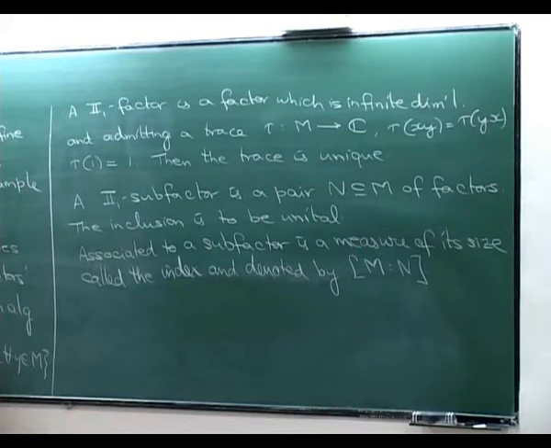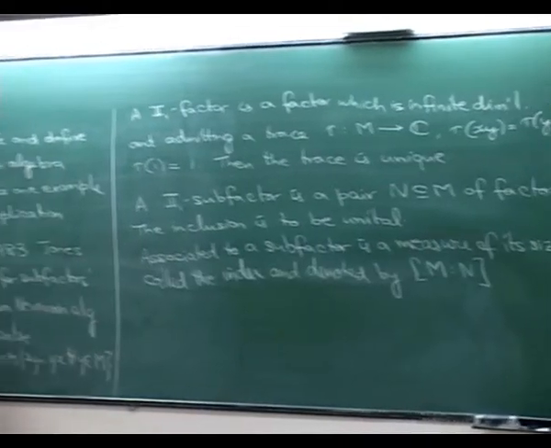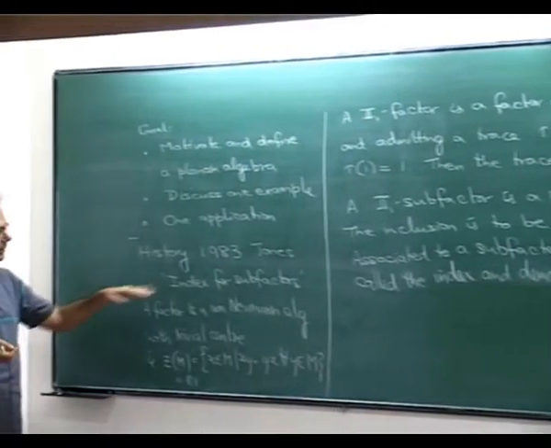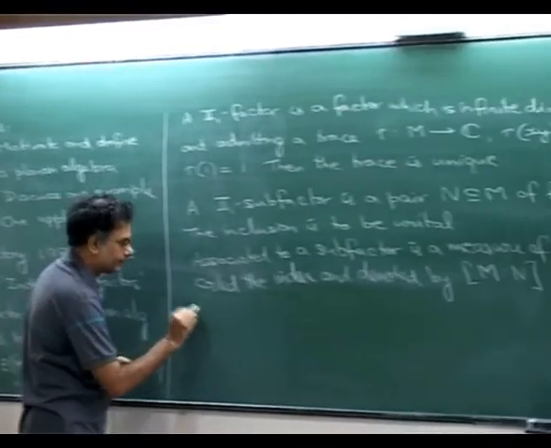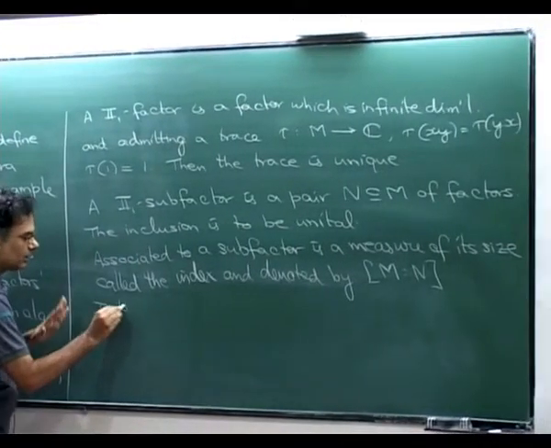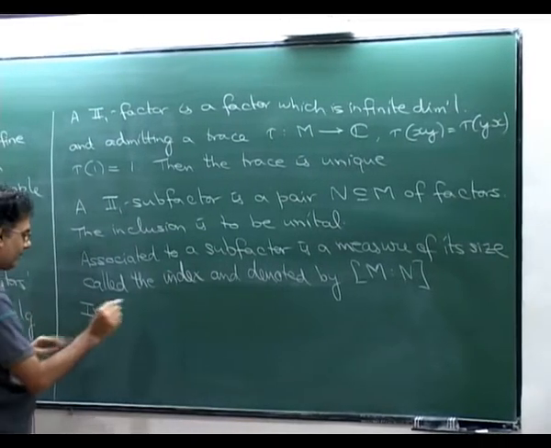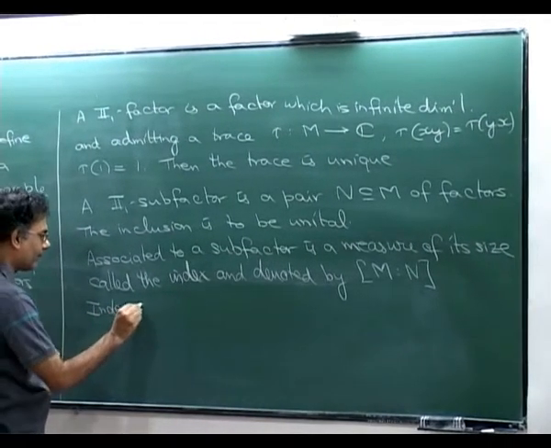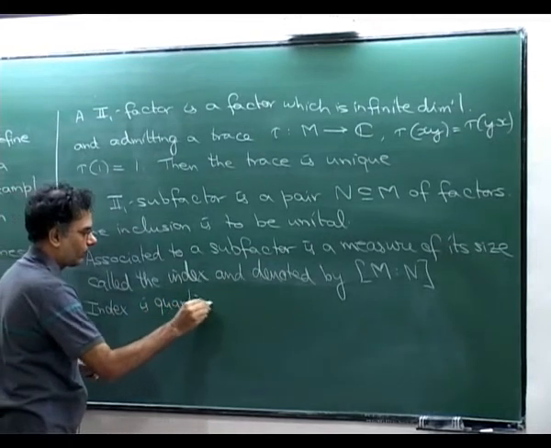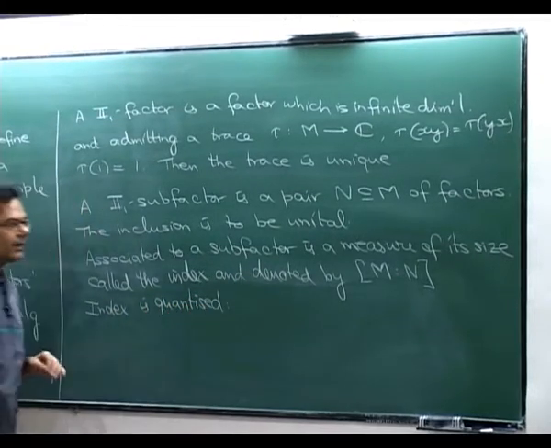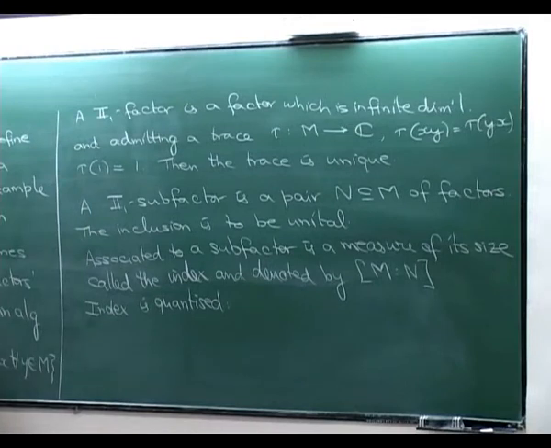Okay. So he defined this index, and one of the most surprising results that he showed in this paper is that the index is quantized. This is not going to be relevant for us, but this is an important result. So what does this mean? It can only take a certain set of values.